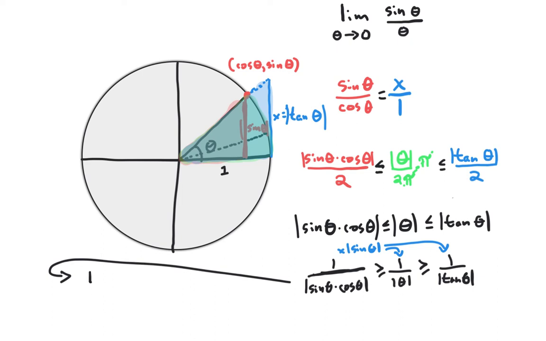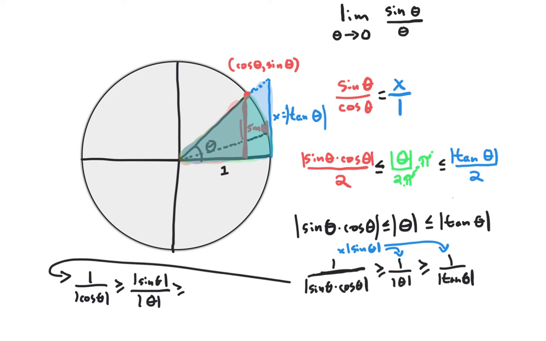So we're going to be left with 1 over the absolute value of cosine of theta is greater than or equal to the absolute value of sine theta over the absolute value of theta, which is greater than or equal to, and now this is sine over cos, and 1 over sine over cos is cos over sine.